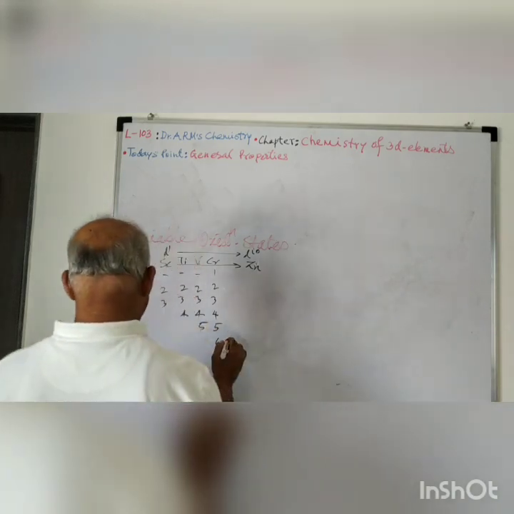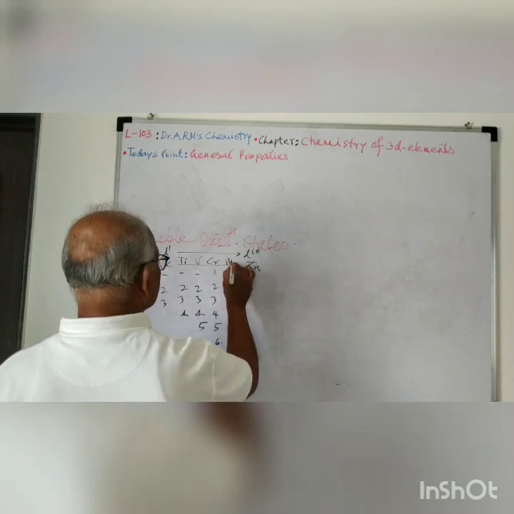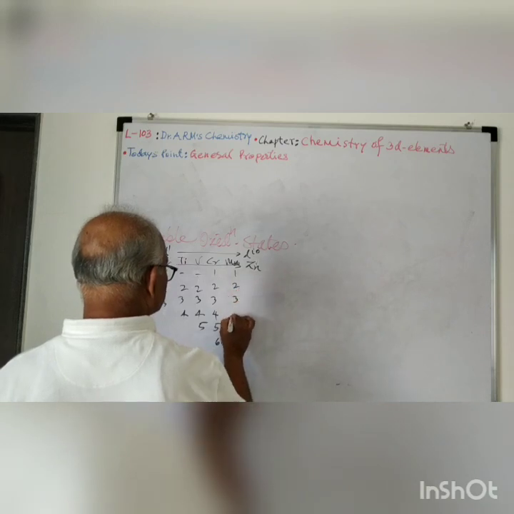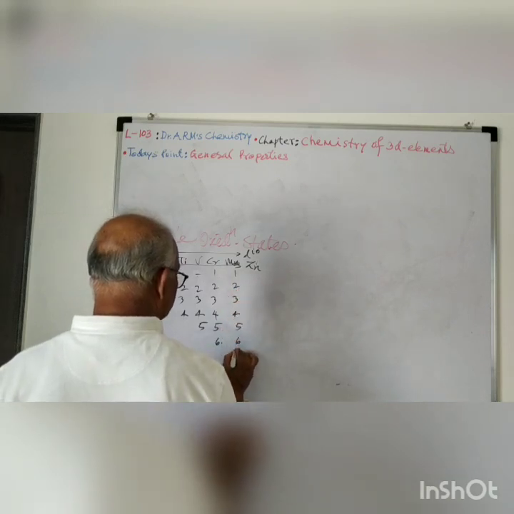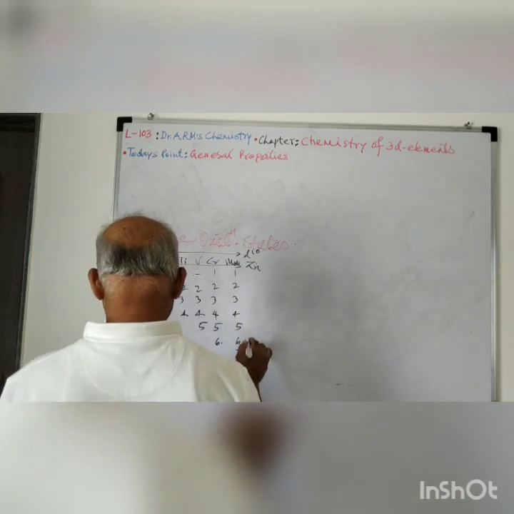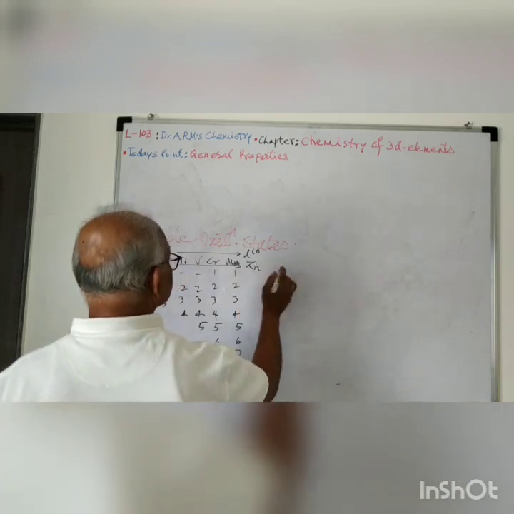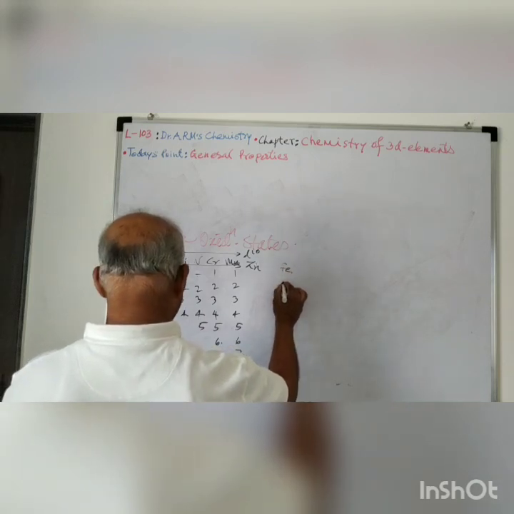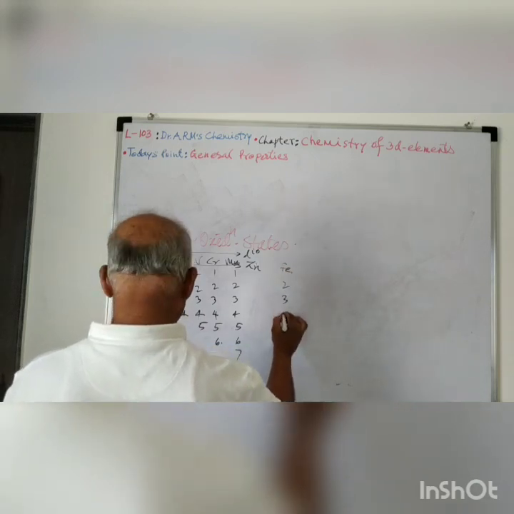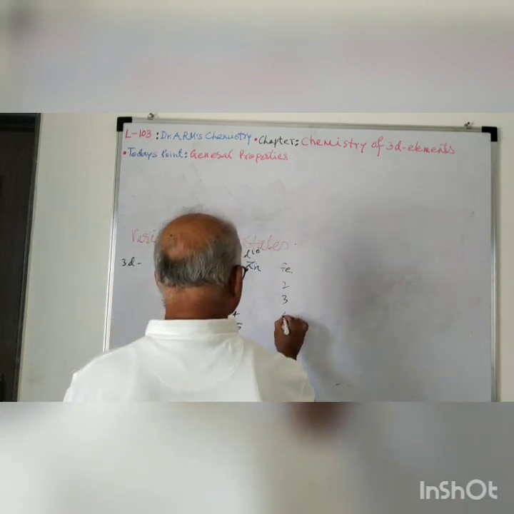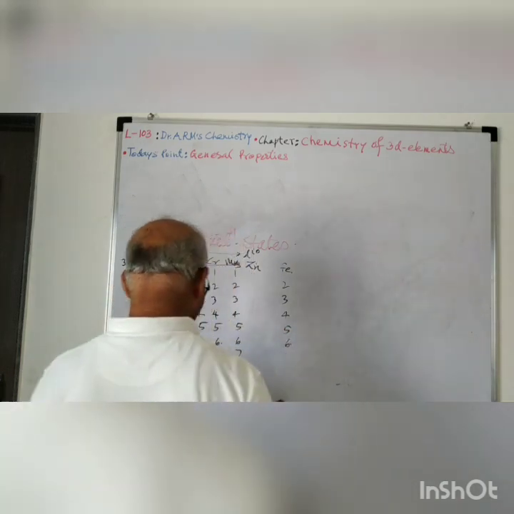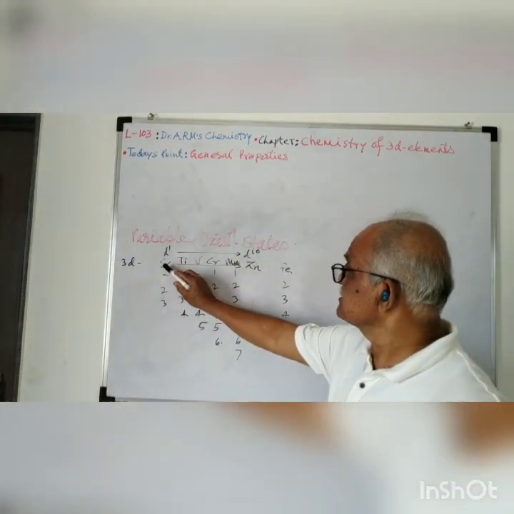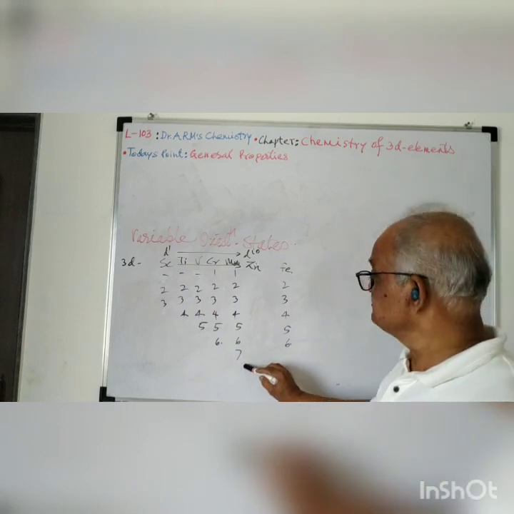Manganese has oxidation states 1, 2, 3, 4, 5, 6, and 7. If we see Fe, the oxidation states are 2, 3, 4, 5, 6. So the number of oxidation states increases in this way, like a pyramid.